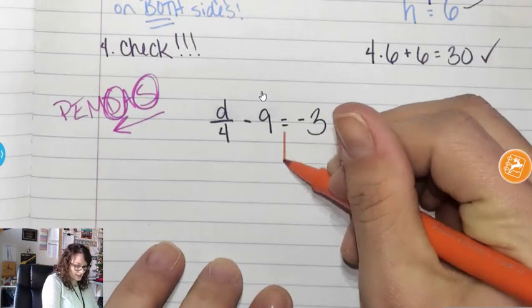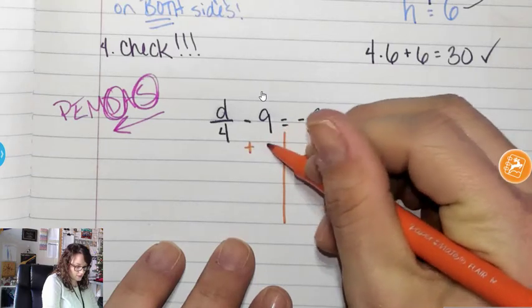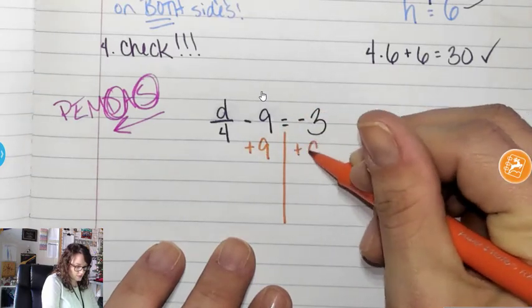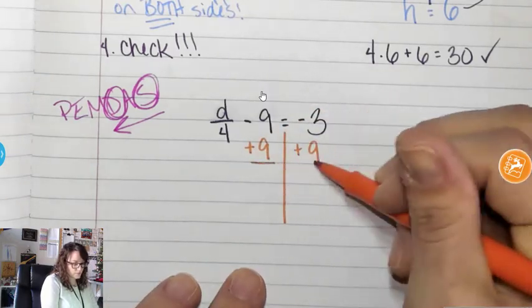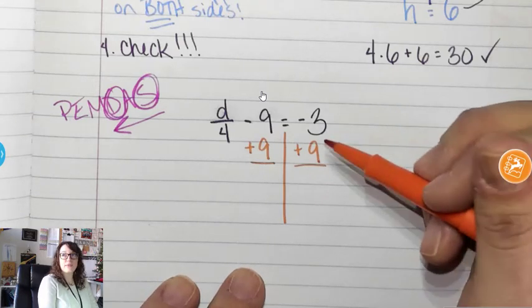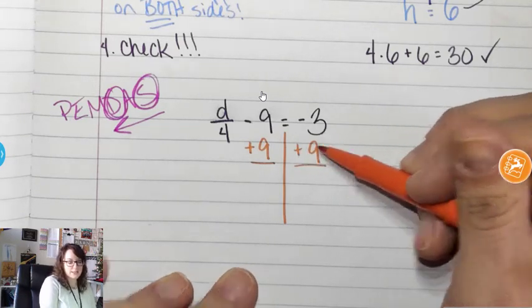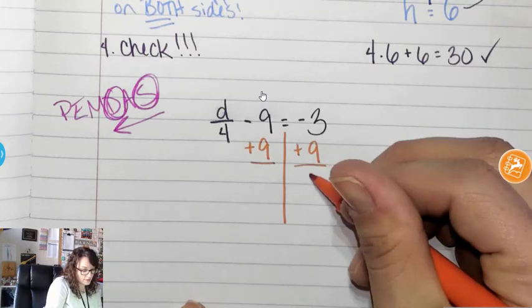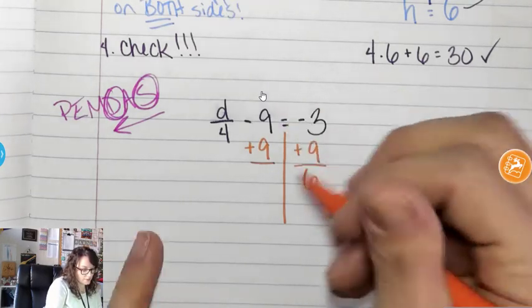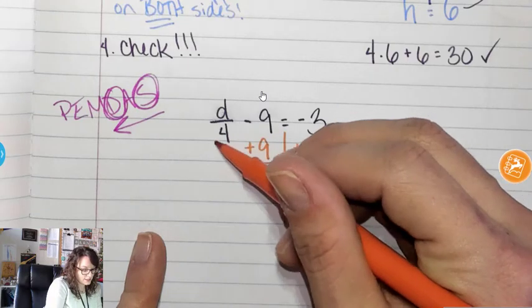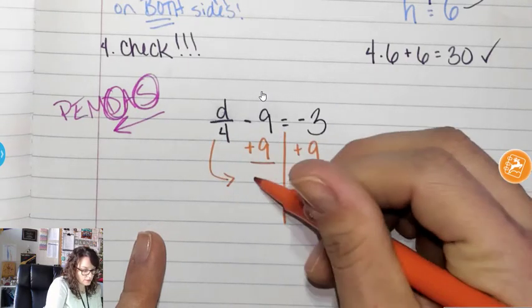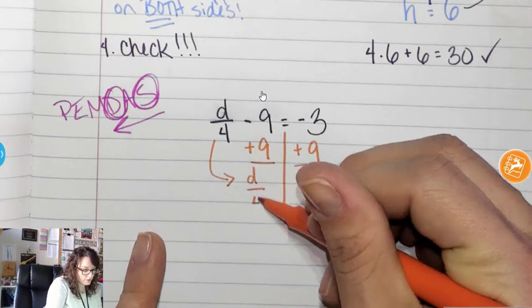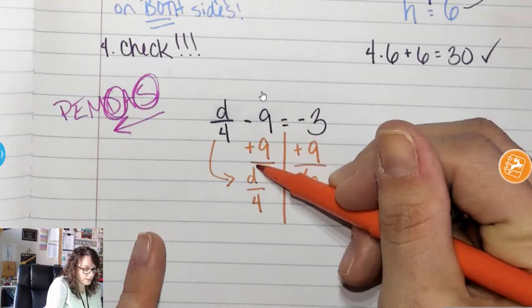So I'm going to add 9 to both sides. Now I've got negative 3 plus 9. 6. There's number lines on your table that help. And then I've got this D divided by 4. Negative 9 plus 9 is 0.